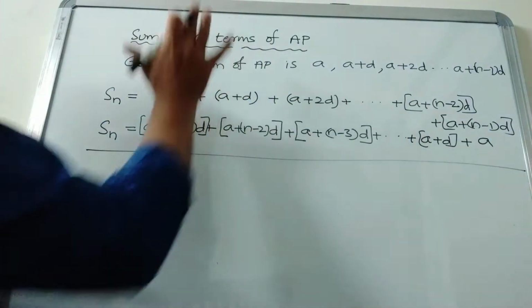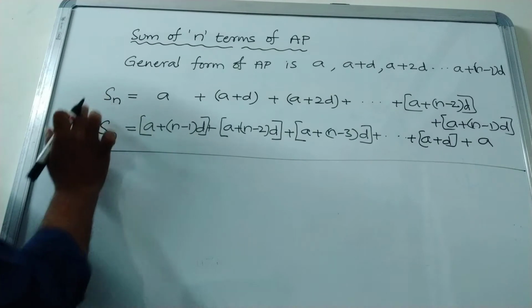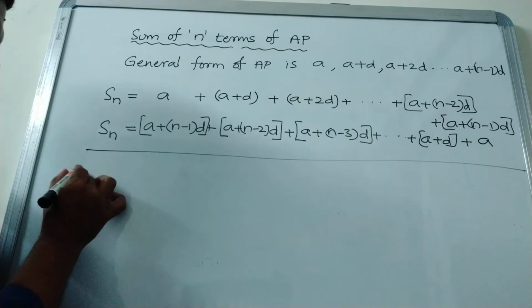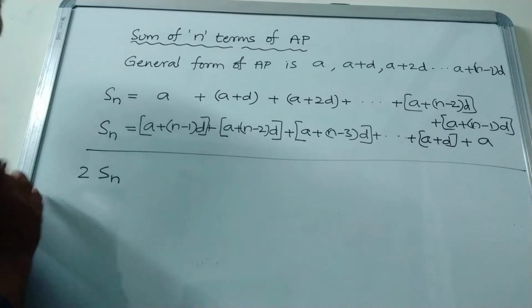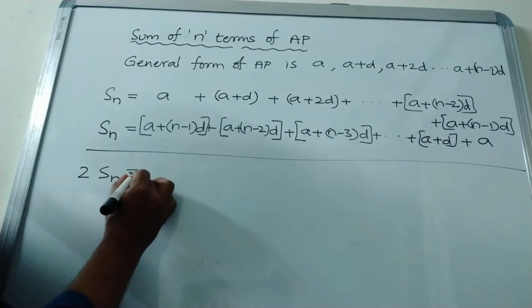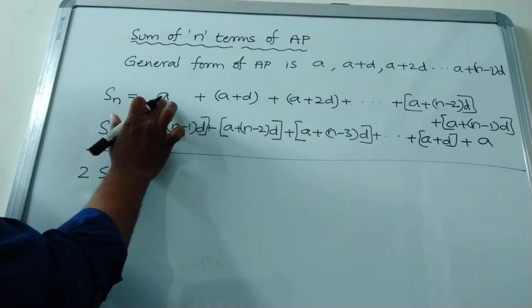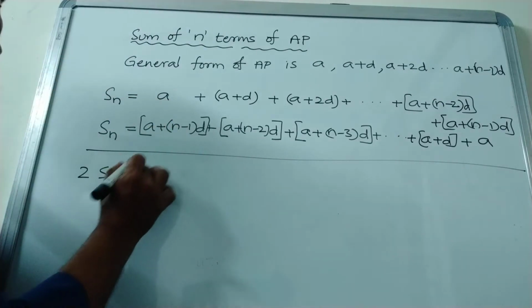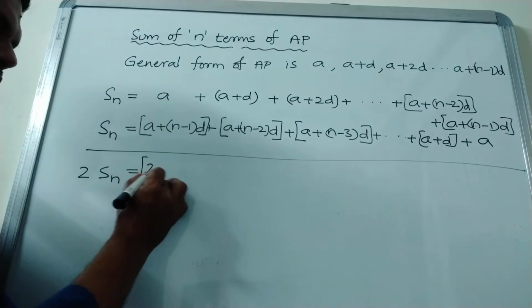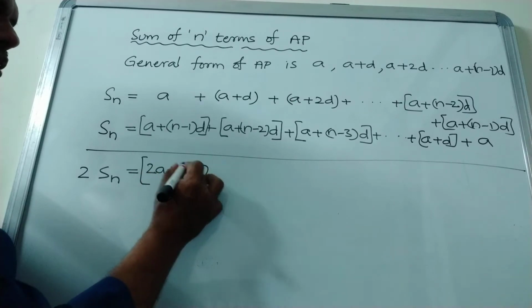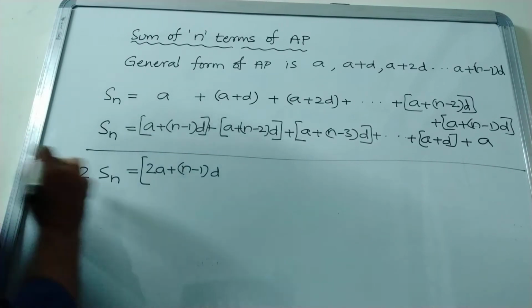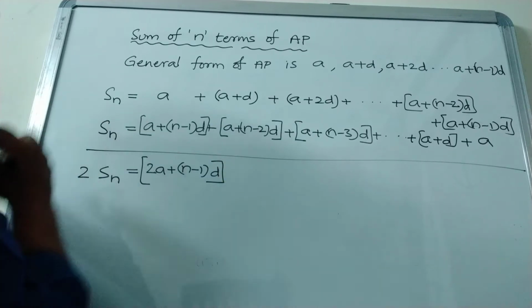Now I am making the sum of this. See, Sn plus Sn, I am getting 2Sn, that is equal to, now a plus a, 2a, plus (n minus 1) into d. 2a plus (n minus 1) into d I got.